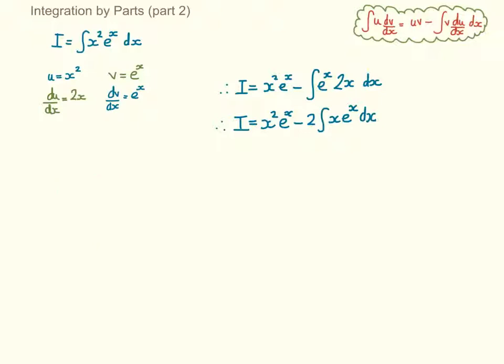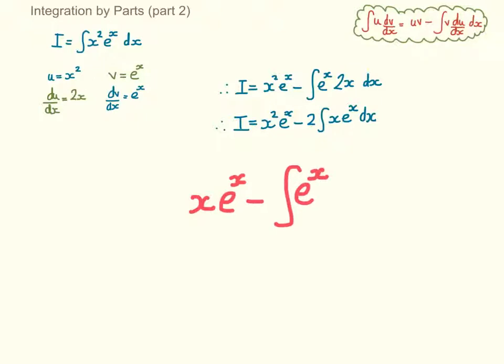So if we integrate x times e to the x, I'm just going to try and do this in one go. So u is x, dv by dx is e to the x. So uv is going to end up being x multiplied by the integral of e to the x, so that'll be x e to the x. Subtract, so v is going to be e to the x.